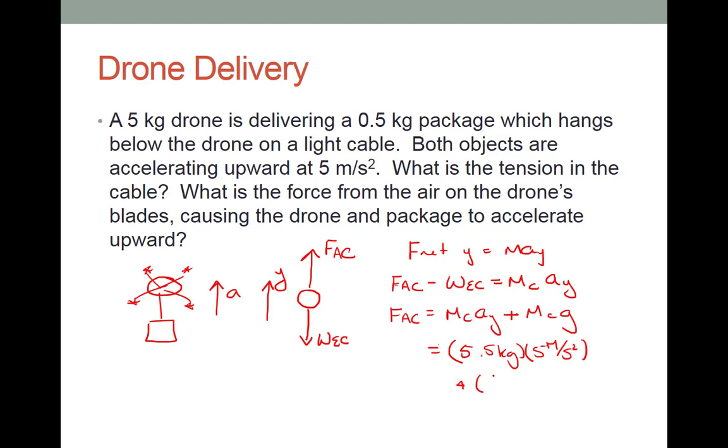And I add to that 5.5 kilograms times 9.8 meters per second squared. And that arrives at an answer of 81.4 newtons. And that answers the second part of the question.